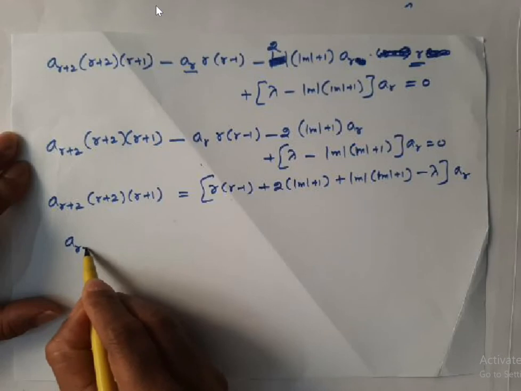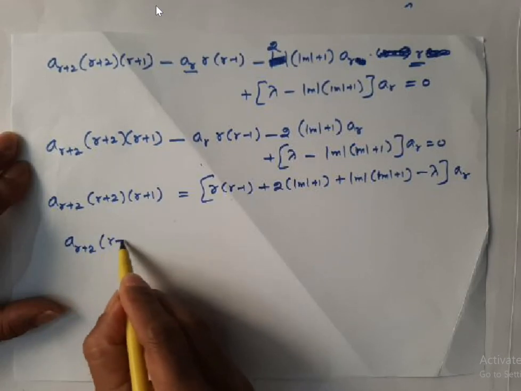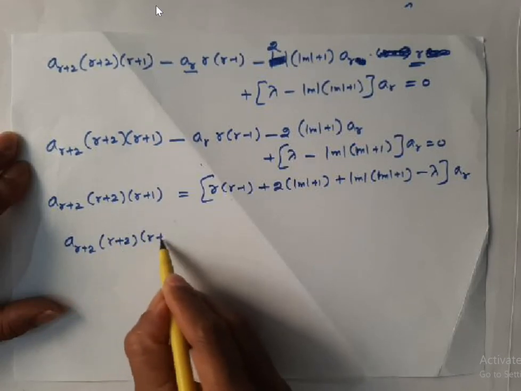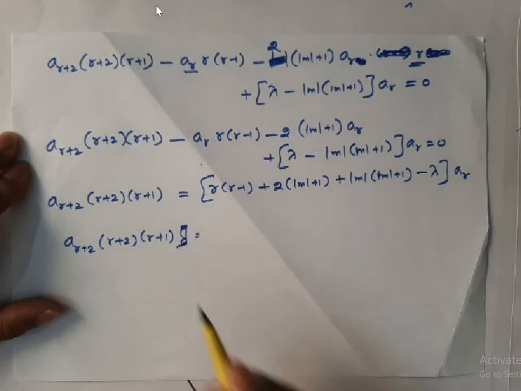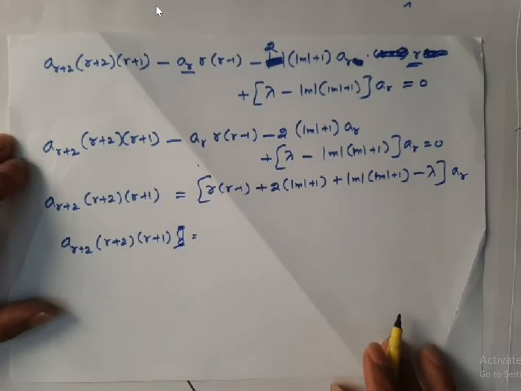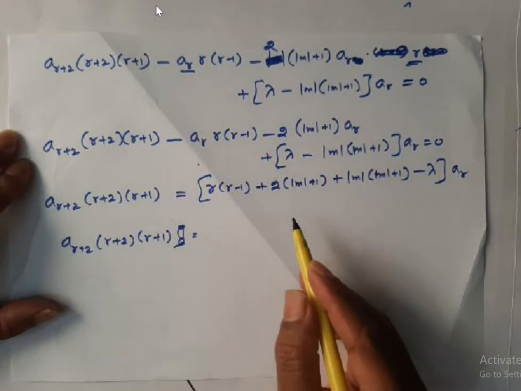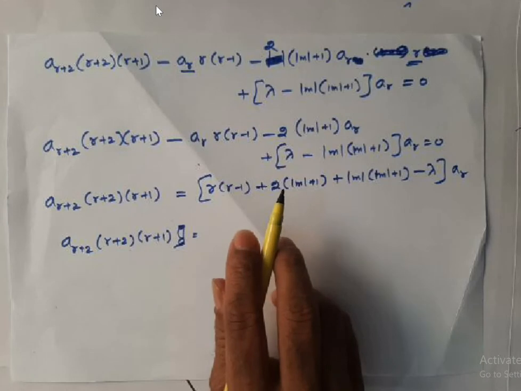Or you can write this as ar plus 2 into r plus 2 into r plus 1 equal to this. You can simplify further. Let me show you the next page.